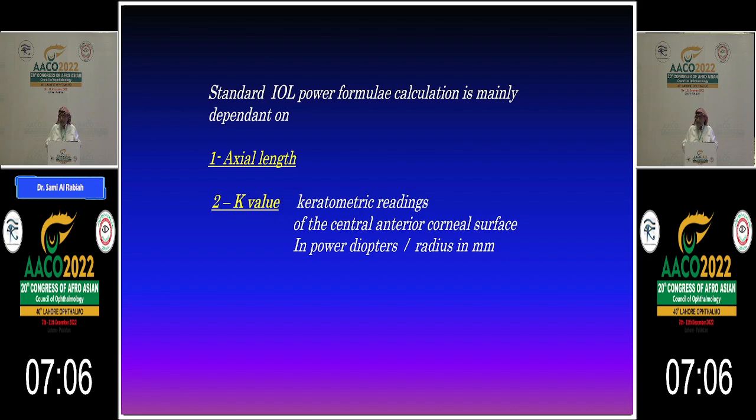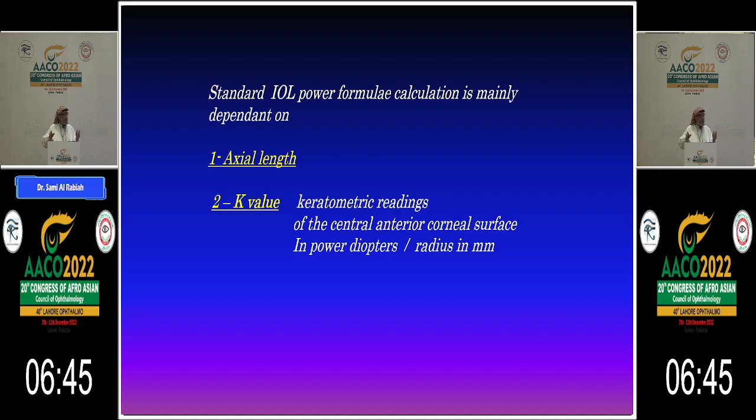The other point, you have the K readings, and the K readings measure only the anterior surface of the cornea. Yet, you have to pass the light through the anterior as well as the posterior surfaces of the cornea. So how come by the K readings you know the total corneal power? This is because there is a relationship between the anterior and posterior.